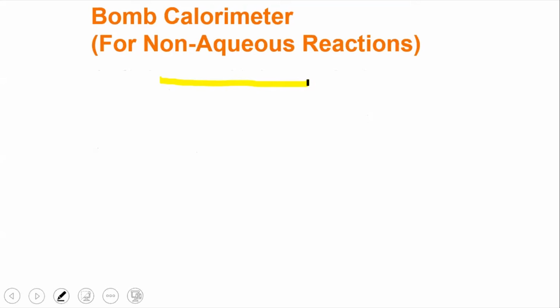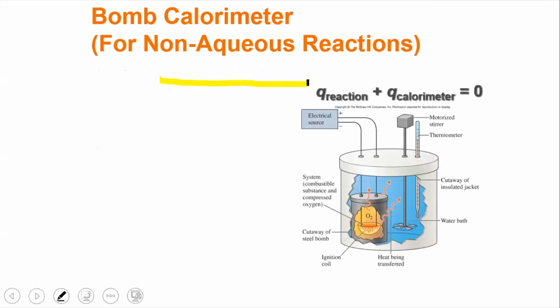So once more, there's a heat transaction for the reaction and a heat transaction for the calorimeter. And once more, according to the law of conservation of energy, there should be no net change of energy because the calorimeter is isolated from the outside.